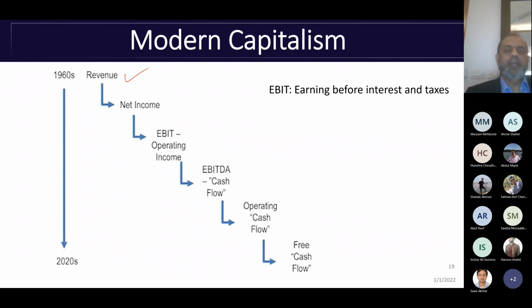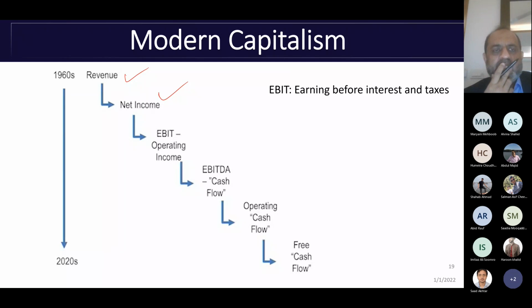Revenue is how much money you are getting for your sales, without worrying about how much actually you're spending to make that revenue. So revenue was one. Then people started thinking that instead of just analyzing the revenue a company is making, let's worry about the net income.